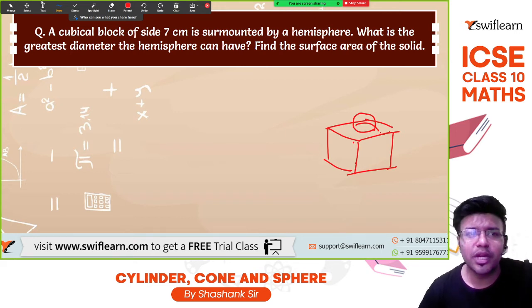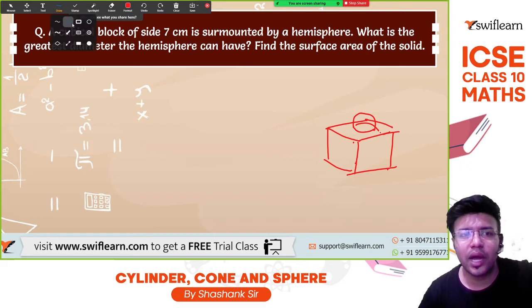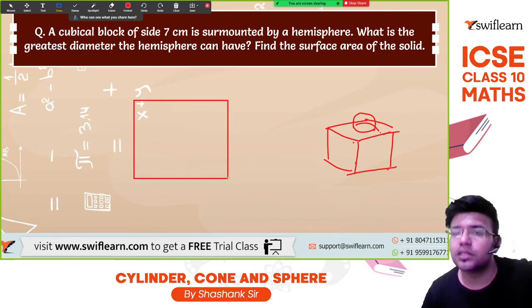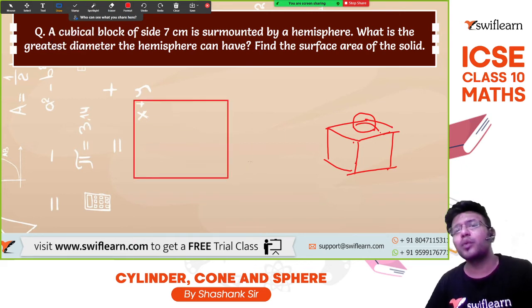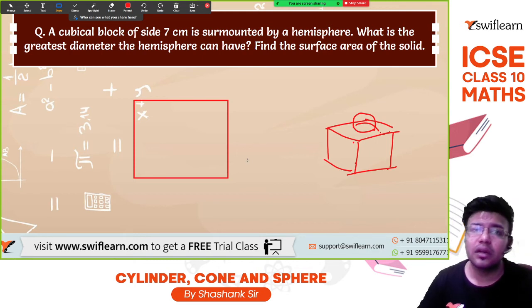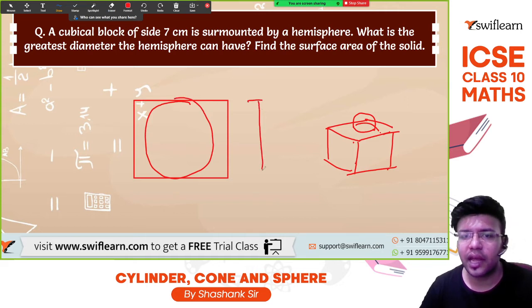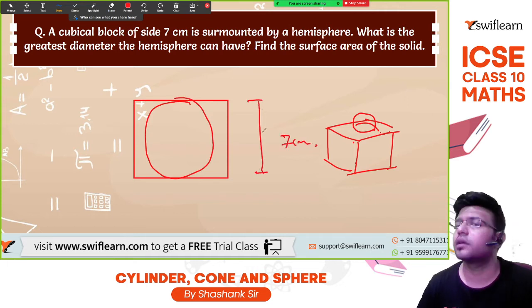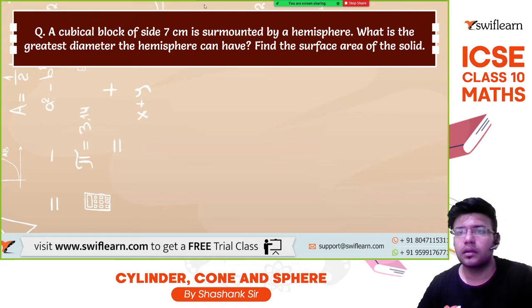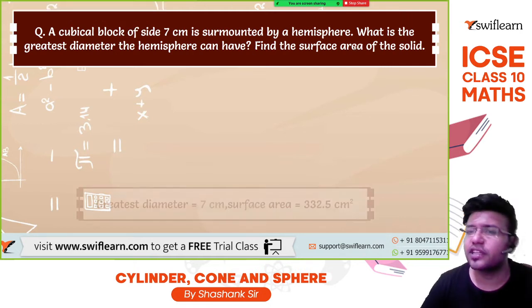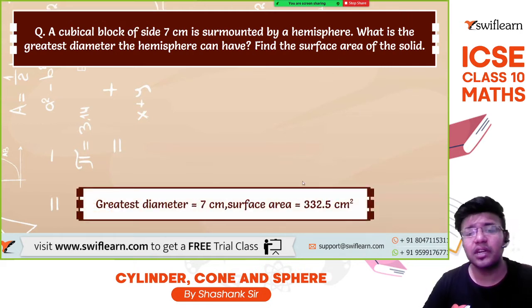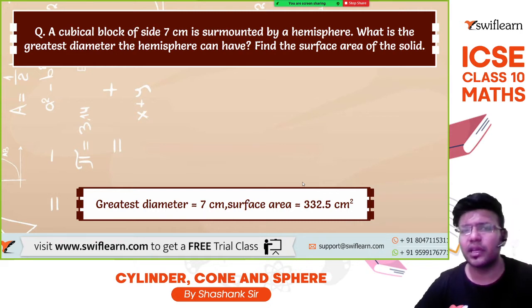A cubical block, so on top there is a square. So what can be the greatest diameter? The maximum diameter can be 7 centimeters, right? Find the surface area of the solid. 7 centimeters is the greatest diameter.